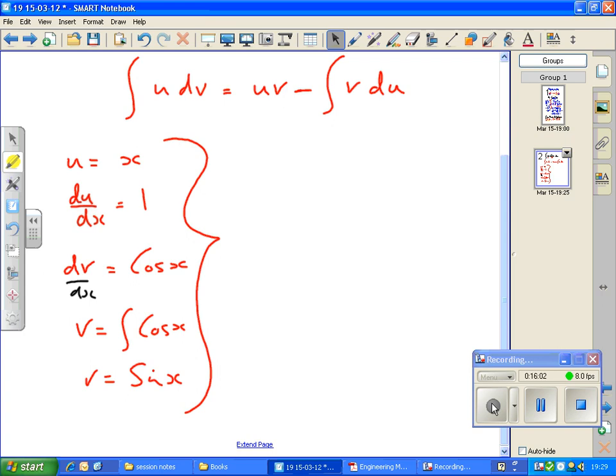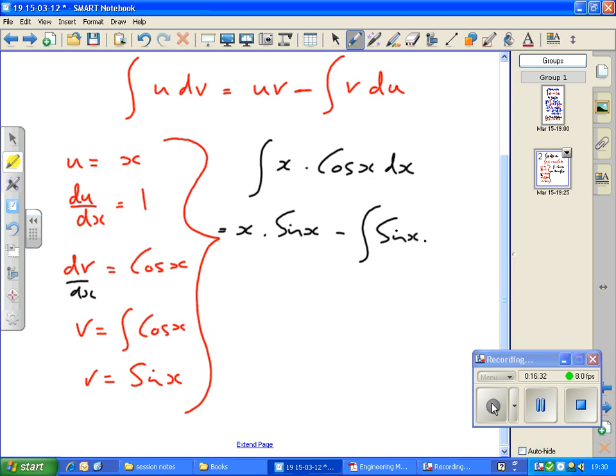So the integral of x cos x, my original integral, equals u, which is x, times v, which is sin x, minus the integral of v, which is sin x, times du, which is 1. And that was the whole point of doing it, so that the x disappeared.